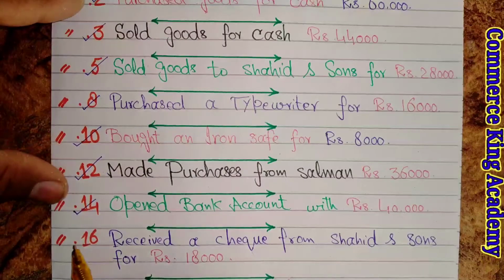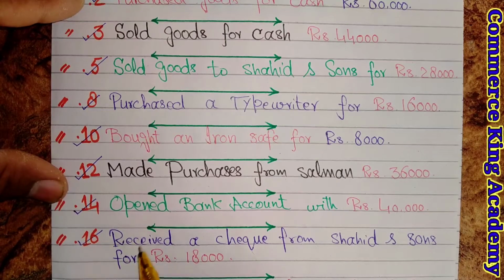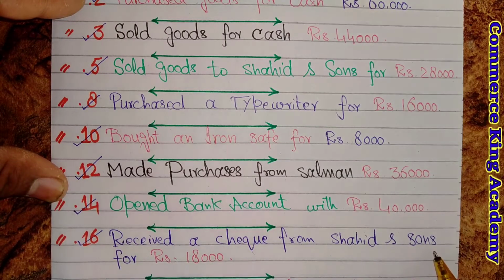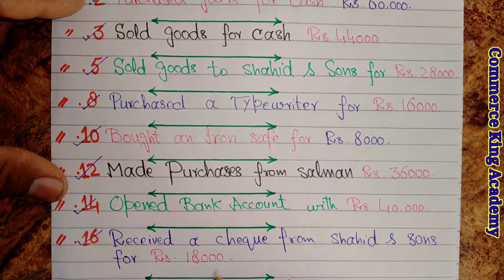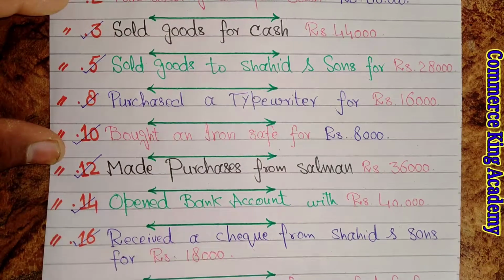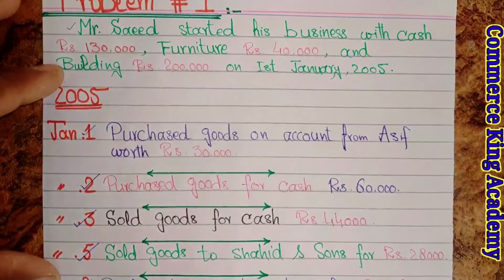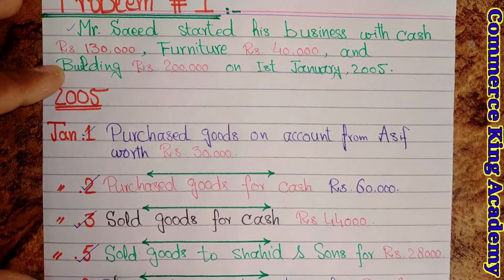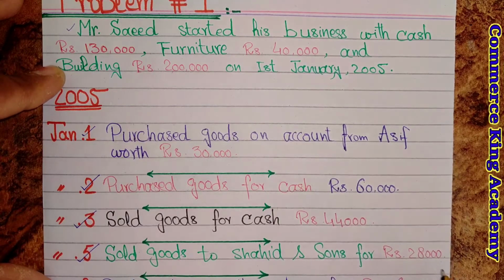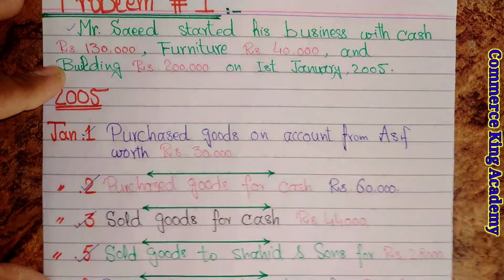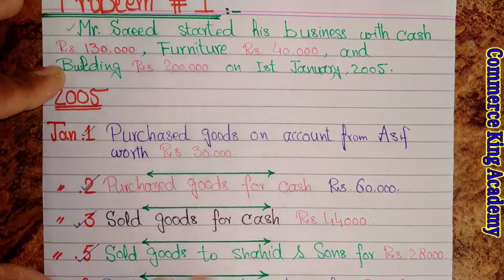Our next transaction is Jan 16, received a check from Shahid and Sons for rupees 18,000, because we sold goods on an earlier date, Jan 5th, right here: sold goods to Shahid and Sons for 28,000 rupees. This is the earlier account of Mr. Shahid.